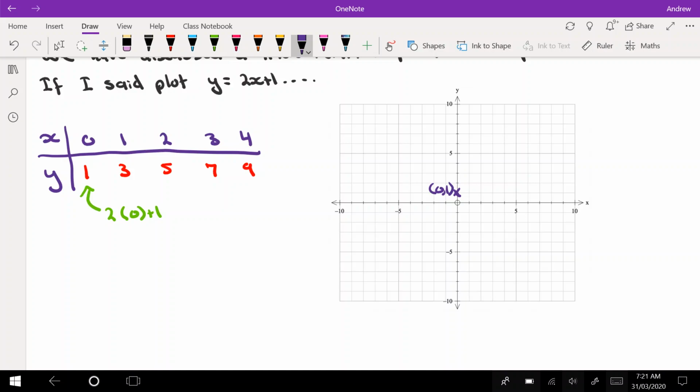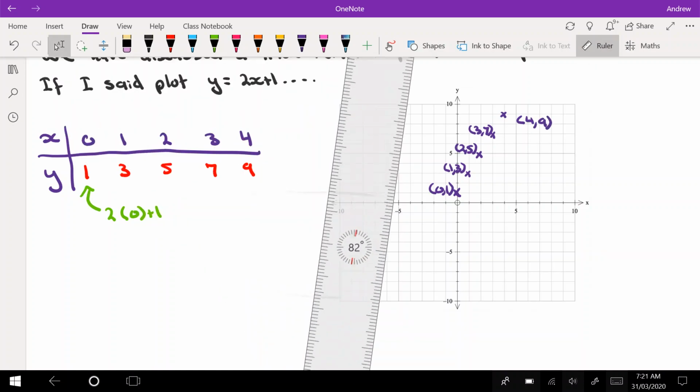Then we have 1, 3. 2, 5. 3, 7. And lastly, we have 4, 9.